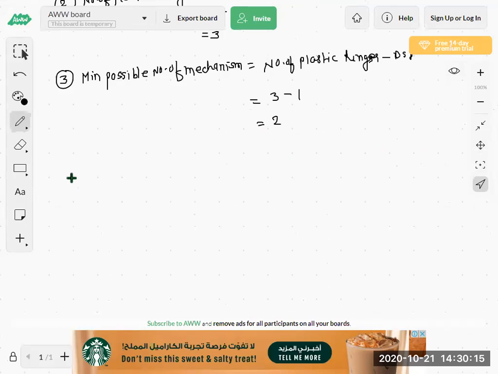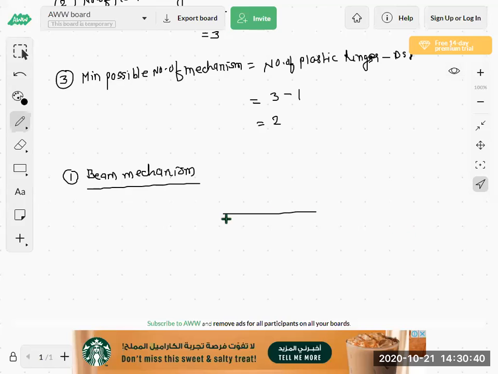Okay, so now first is the beam mechanism. For which span is the beam mechanism there?